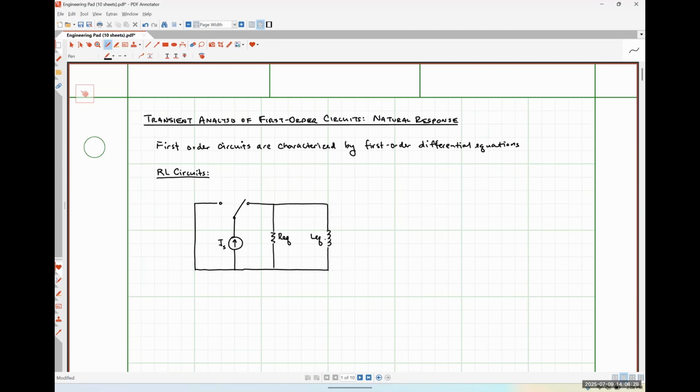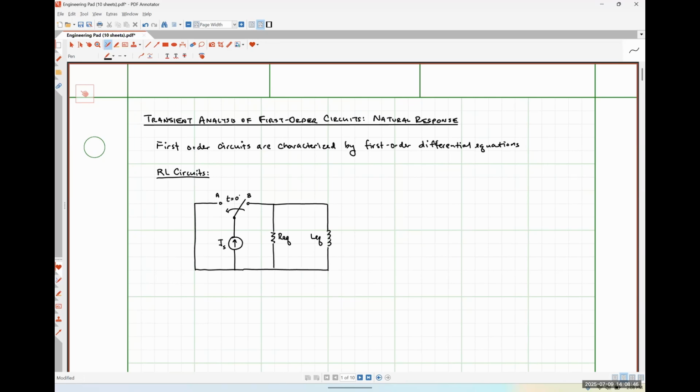Okay. So let's say that our switch is originally closed at position B before switching over to close at position A at t is equal to 0. So that's what this symbol is trying to mean.